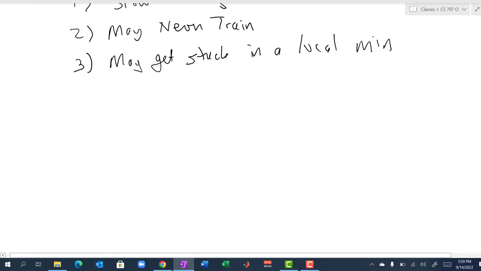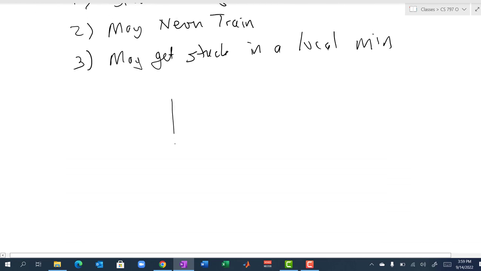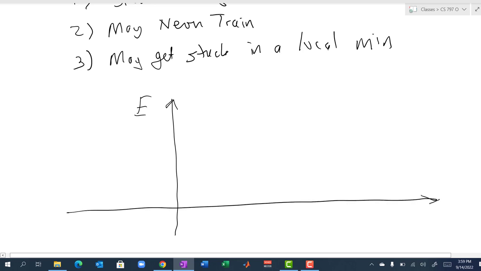And these can be demonstrated by thinking of the error E as a function of just that one weight we're looking at. And we'll draw an imaginary, we'll just make up an error surface that tends to illustrate some of this.